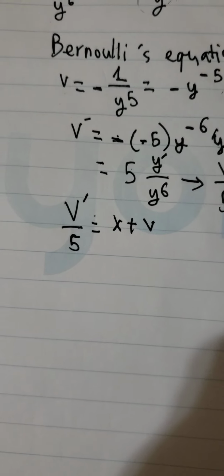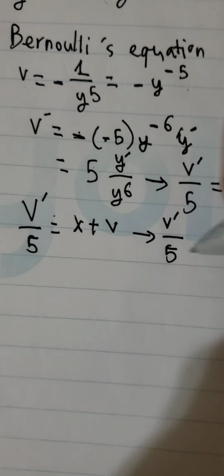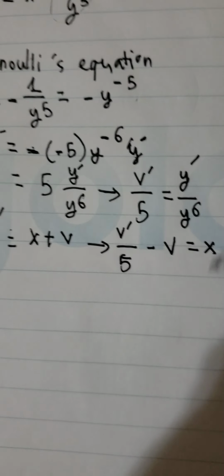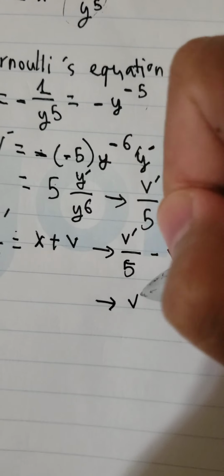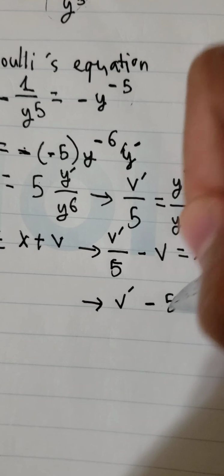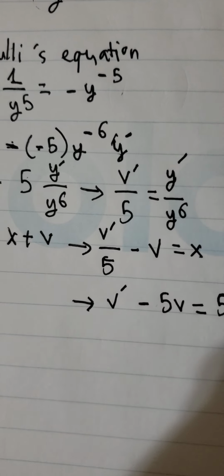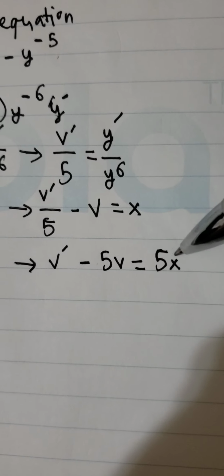Now we put v to the left. So we multiply both sides by number 5. So we have this equation.